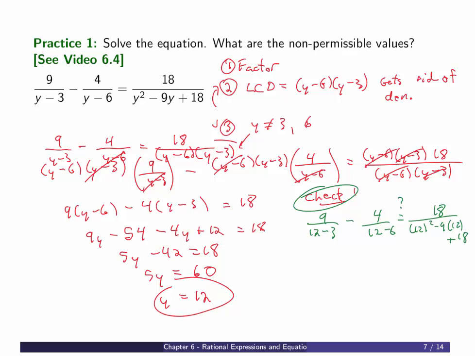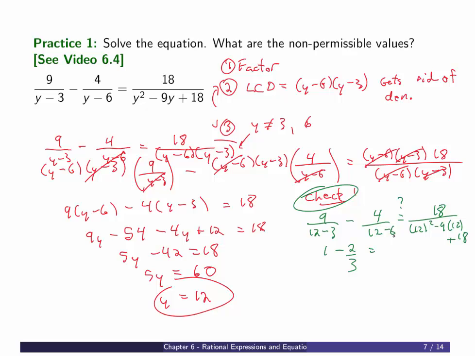Let's see if this is equal. On the left hand side, 9 divided by 9 is 1. So we have 1 minus 4 over 6, which is 2 over 3. And on the other side, we have 12 squared minus 9 times 12 plus 18.